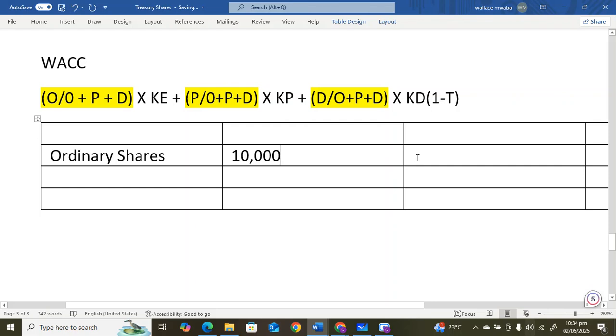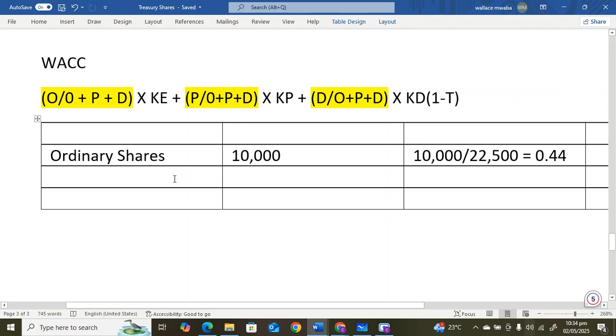So its weight is 10,000 divided by 22.5, which is 0.44, or 44% financing. So TBL PLC gets 44% financing from ordinary shares.